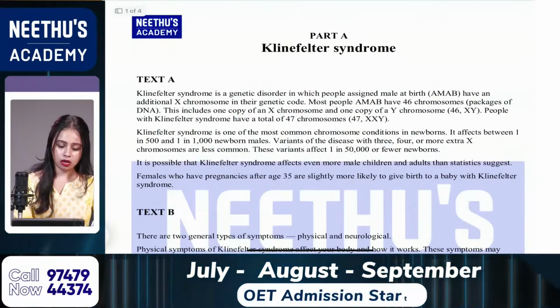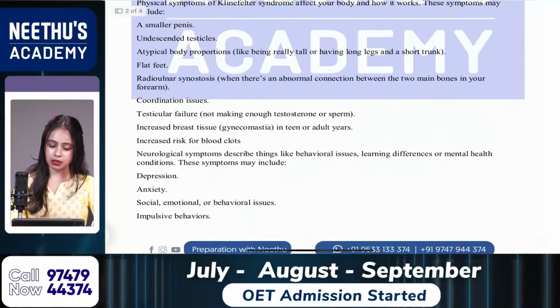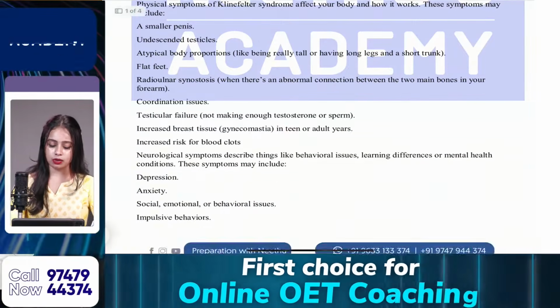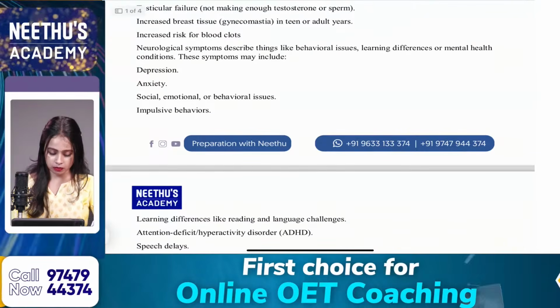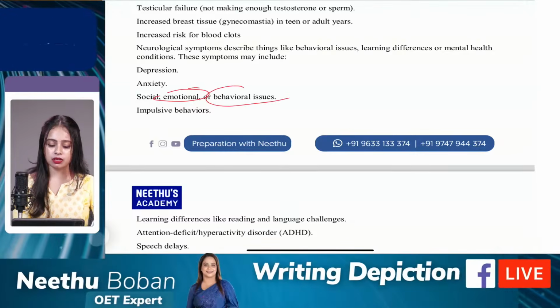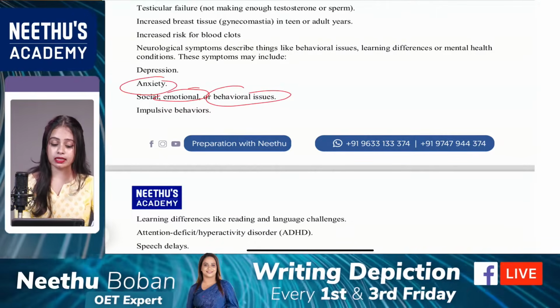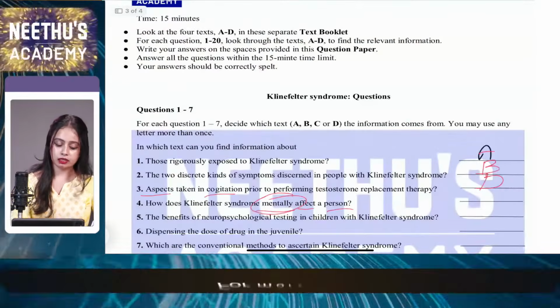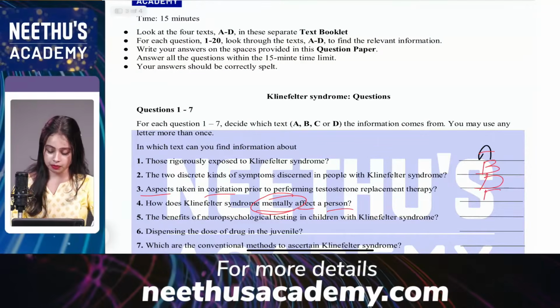So yes, it is from text B. Physical, neurological. On this particular page they've mentioned emotional, behavioral, anxiety, depression, and that's all connected to mental problems, right? So the answer is from B.